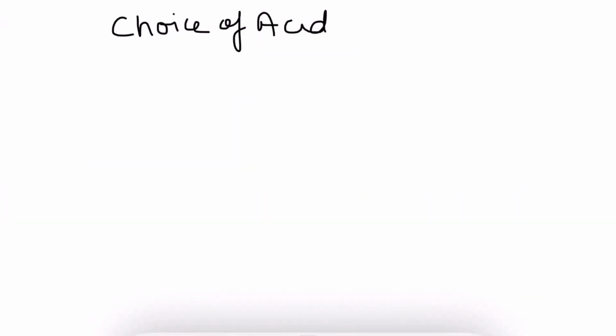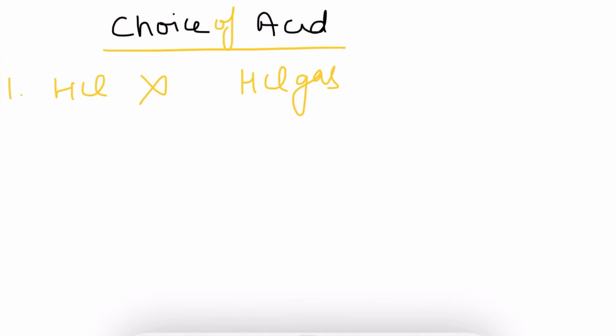Choice of acid for qualitative analysis. We do not use HCl because HCl gas is given out in this case, and in the presence of HCl gas, the actual gas cannot be identified.